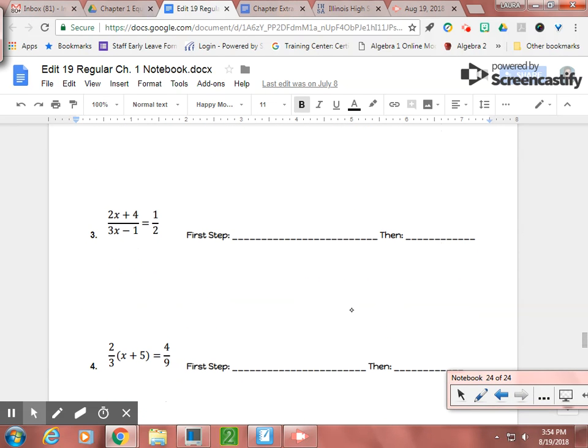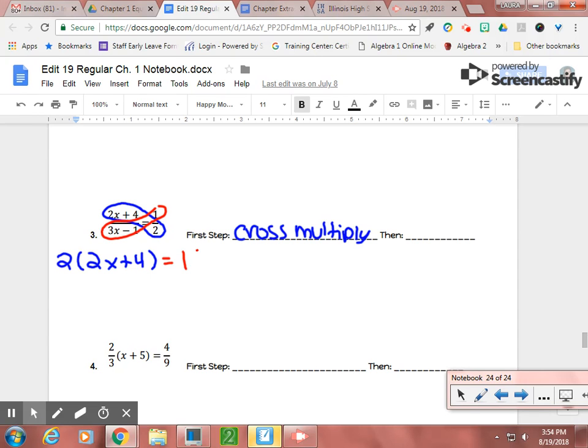Number 3 looks a lot like number 2 does. So we're going to do the same thing here where we cross multiply. My first step is to cross multiply. So I have 2 times 2x plus 4. And then I have 1 times 3x minus 1.